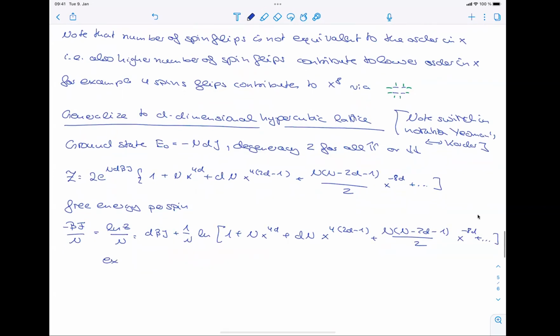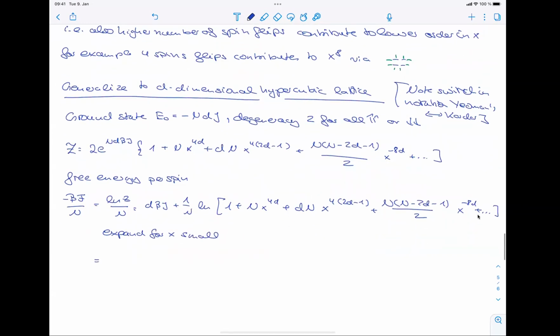And this, again, as we did for the high temperature series, we here also expand for x small to get a more closed expression and to check that these higher order terms in n squared actually cancel out. And this is indeed true. It has to be true.